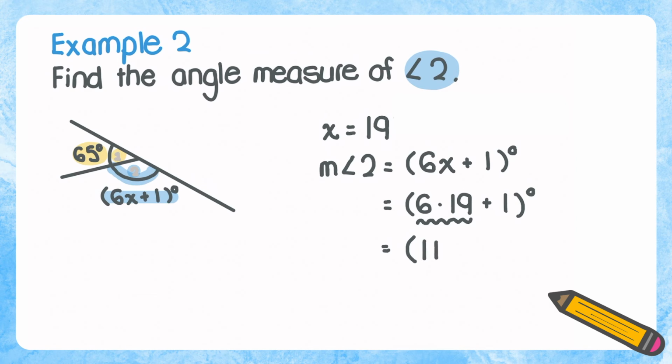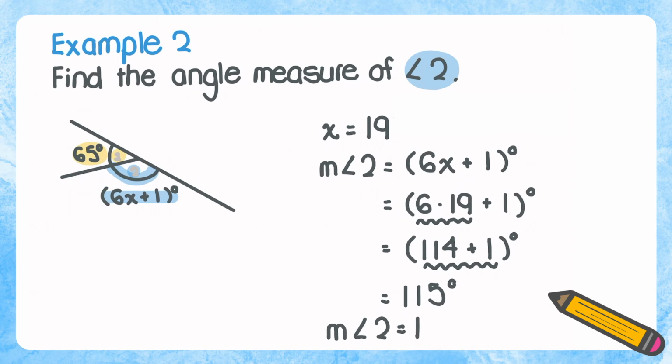So let me write that here. 114 plus 1 degrees. Plus 1 degrees just sounds so weird. Anyway, so I'm going to combine this. I got 115 degrees. So I know that the measure of angle 2 equals 115 degrees.